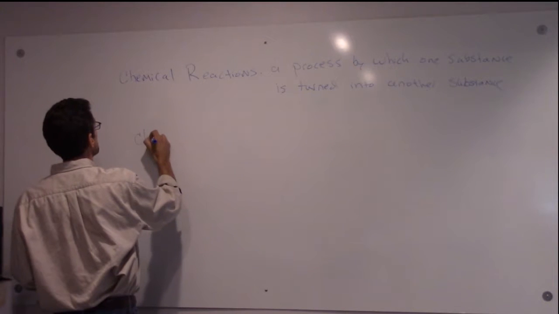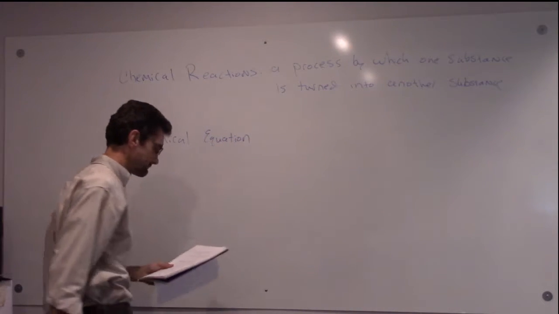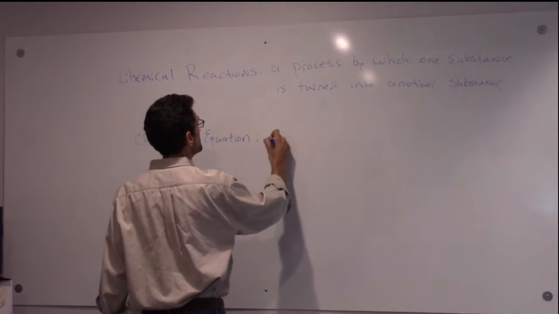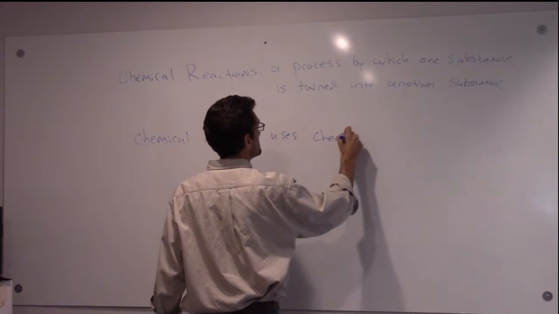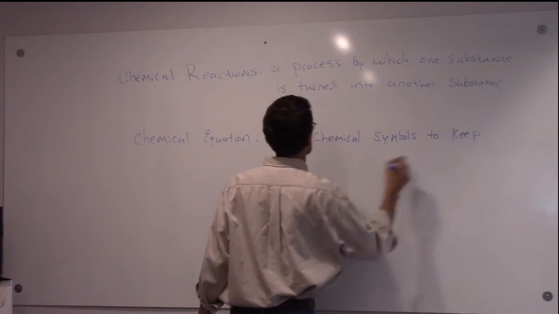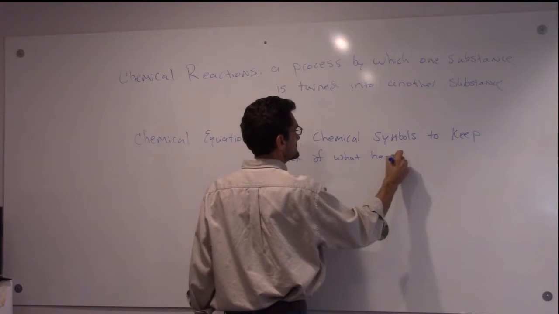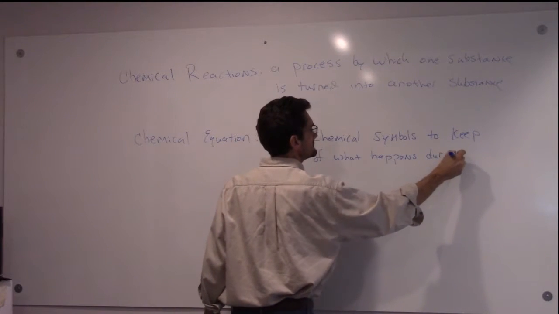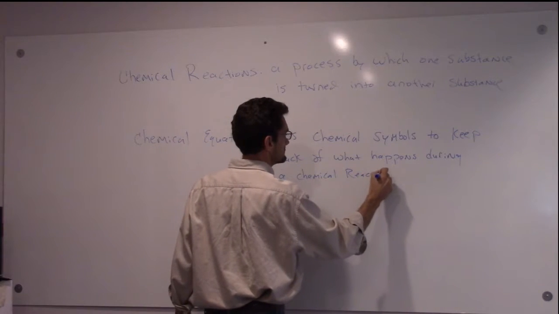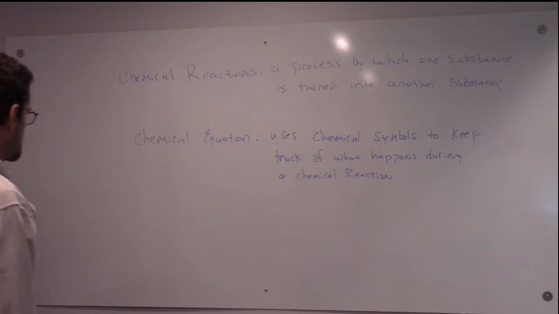A chemical equation uses chemical symbols to keep track of what happens during a chemical reaction.